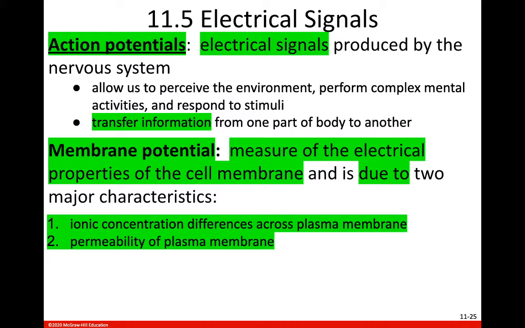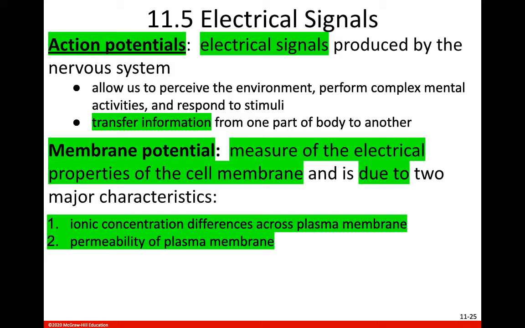One big difference again is that nerve cells' resting membrane potential is not going to be as negative as with skeletal muscle cells. But other than that, it's very similar to skeletal muscle. So if you struggled with it with skeletal muscle, hopefully you'll get a better understanding of it in chapter 11.